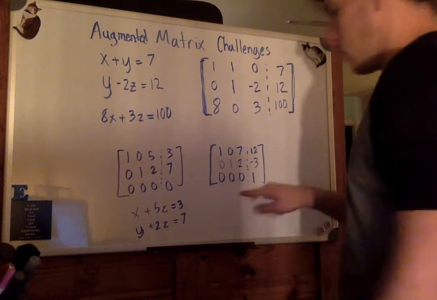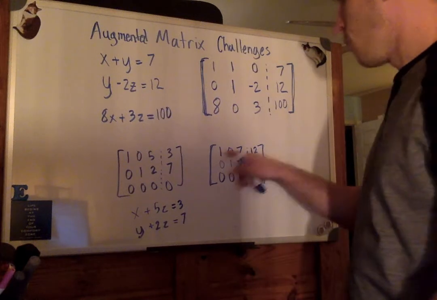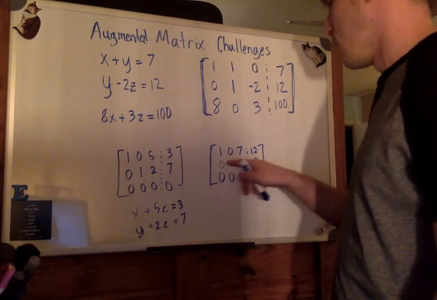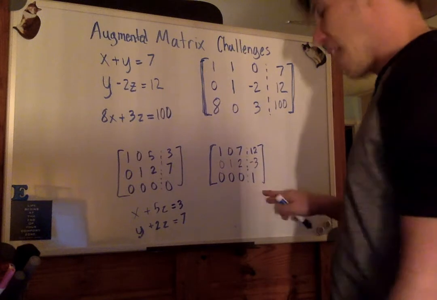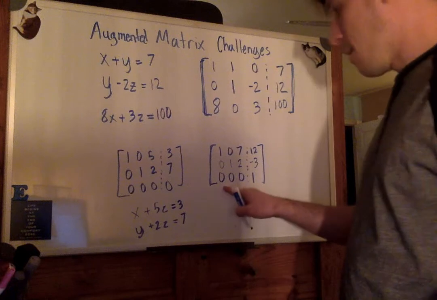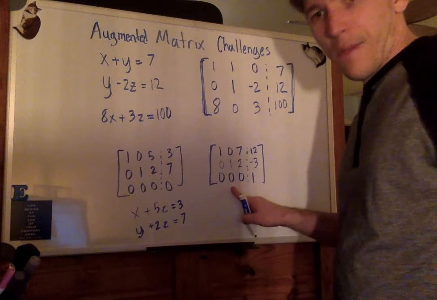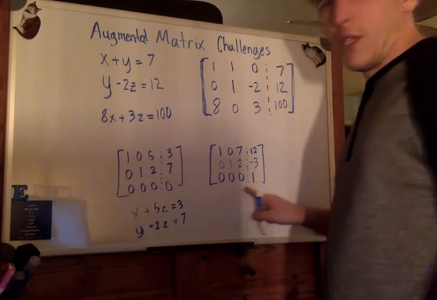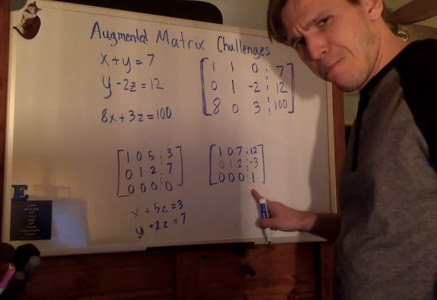The flip side of this is represented right here. In this one I have 1, 0, 7, 12, and 0, 1, 2 equals negative 3. This last row though, look closely here. This is basically saying that 0x plus 0y plus 0z will somehow add up to the number 1.